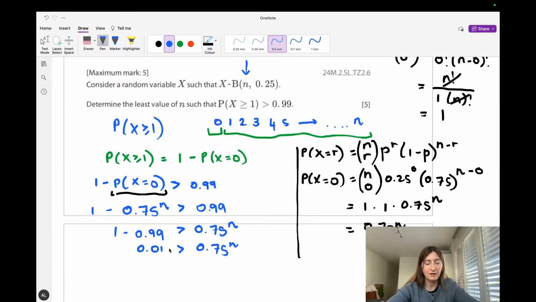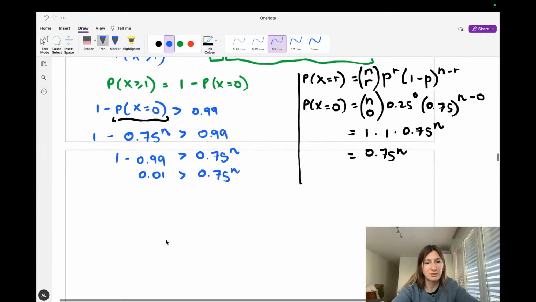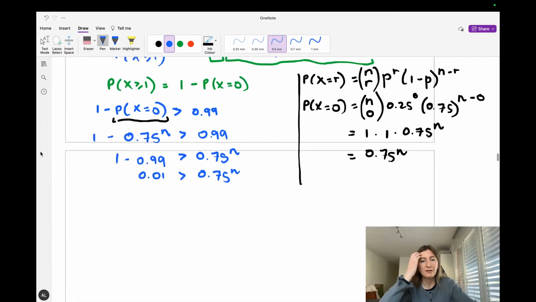Now, there are a couple of ways in which we can solve questions like this. This is useful for not just binomial distribution, but many questions that involve inequalities can use this. So you have first the table method. Let me show you that. We want to know what value of n makes this function less than 0.01.